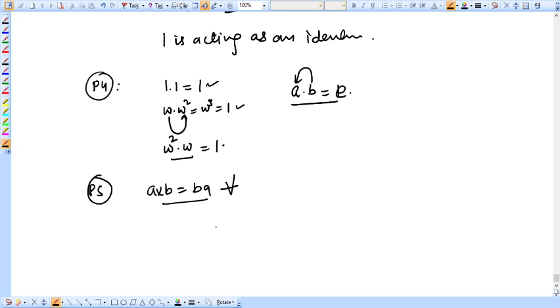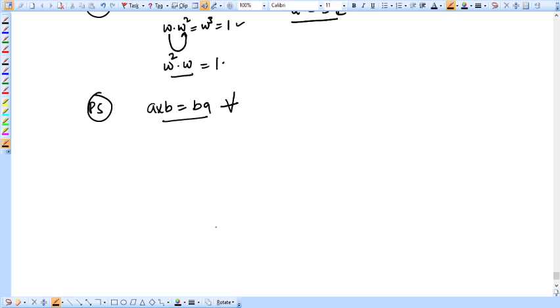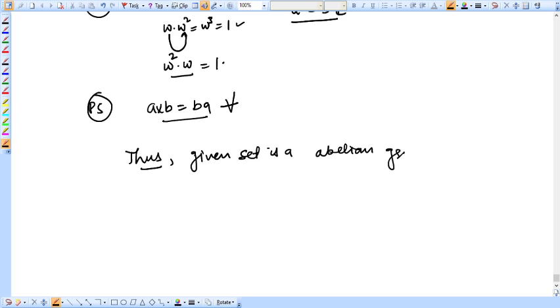So you just write this in commutativity. Thus we come to know that this given set is an abelian group of order 3.